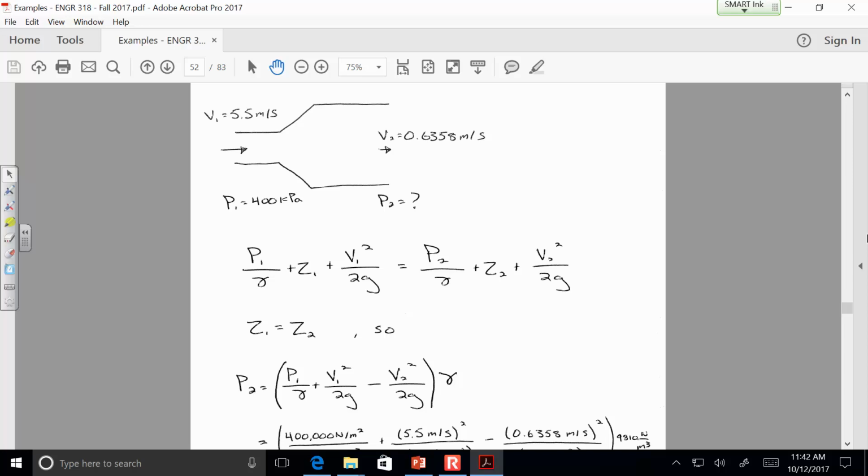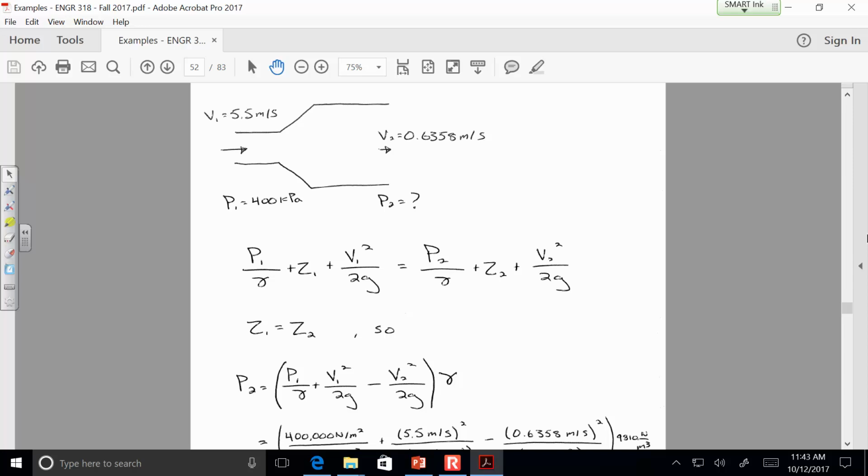When you go ahead and solve for P2, the P2 that we're going to get is 414,923 newtons per meter squared. That increase in pressure from 400 to 414.9 kilopascals is because there was some extra energy in the velocity when it was fast compared to now when it's slow.